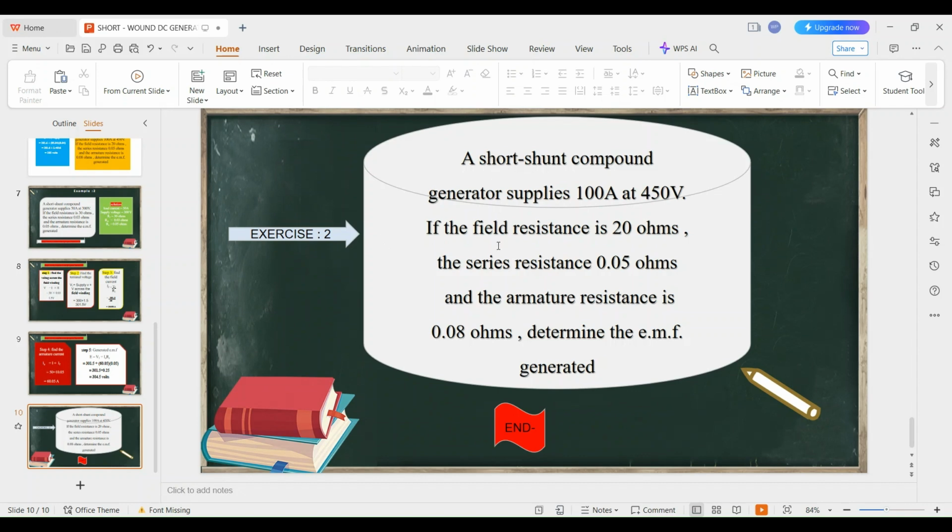But remember, in an exam scenario, the examiner can change the question, whereby he can tell you to calculate the field resistance. In that case, it means that he has given you the field current. Are we together to that point? So you can be told to calculate the field resistance and the EMF generated.